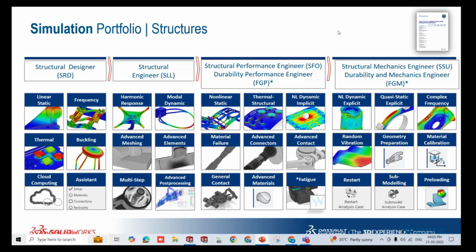Structural mechanics engineer will have all the capabilities of structural performance engineer, including that we'll have dynamic explicit, quasi-static explicit, complex frequency, and random vibration. If you go to durability and mechanics engineer, it will contain all the capabilities of structural mechanics engineer, and with that we'll have fatigue. So wherever durability is coming, fatigue will come.